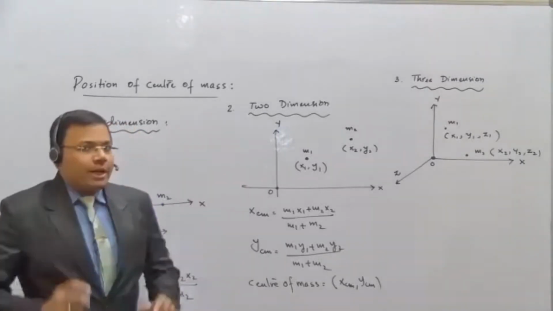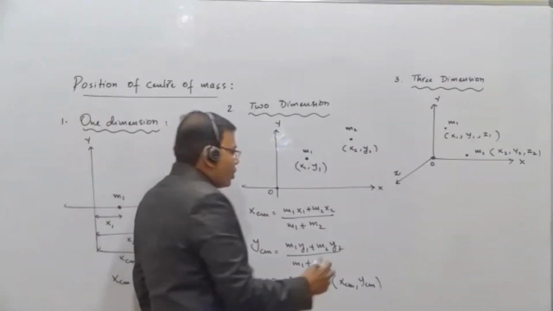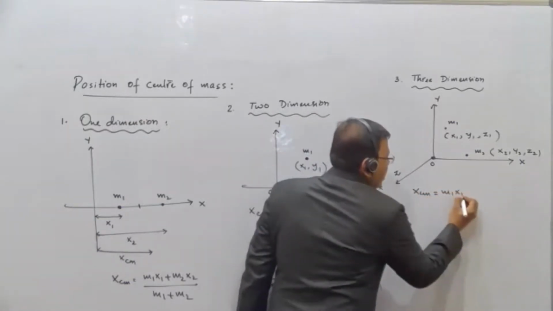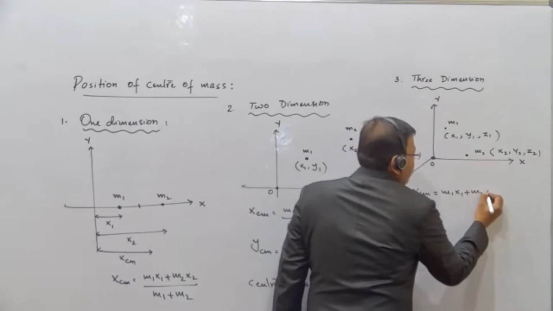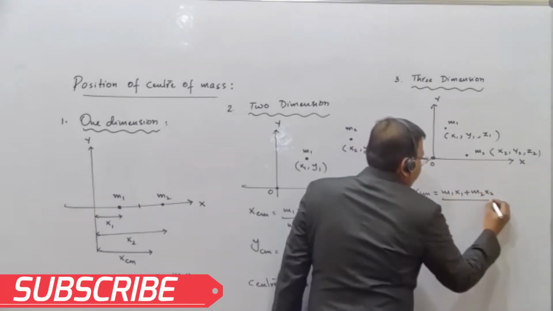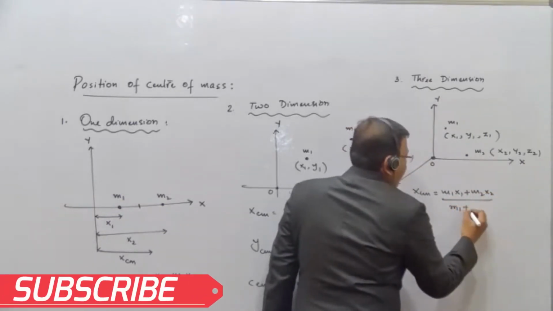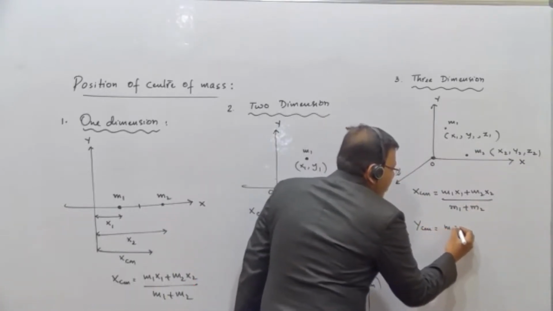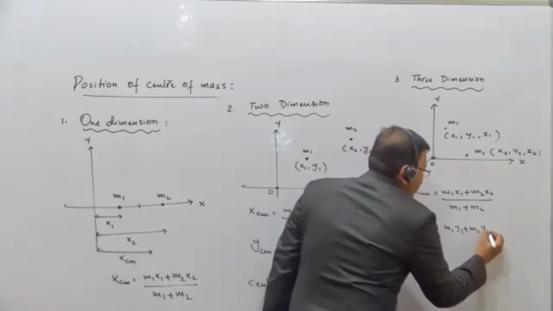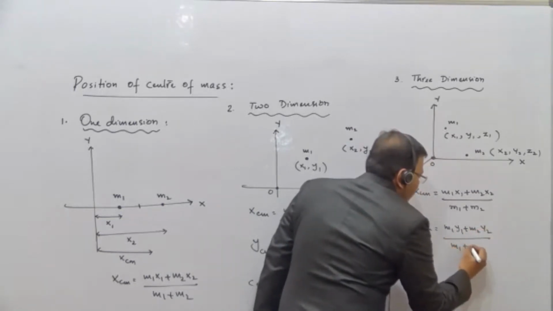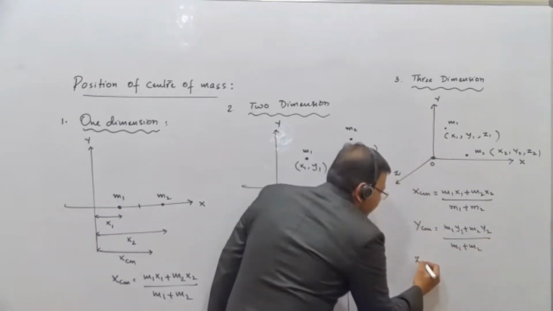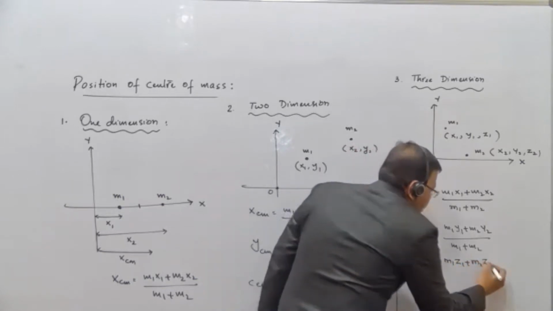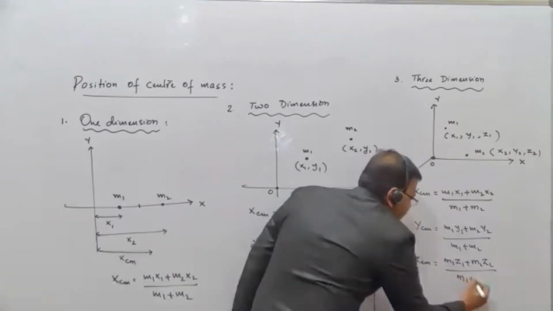I need to calculate the position of the center of mass under this situation where I am considering 3 dimension. So for this, what I have to take here is xcm equals m1 x1 plus m2 x2 by m1 plus m2, ycm equals m1 y1 plus m2 y2 by m1 plus m2, and zcm equals m1 z1 plus m2 z2 by m1 plus m2.